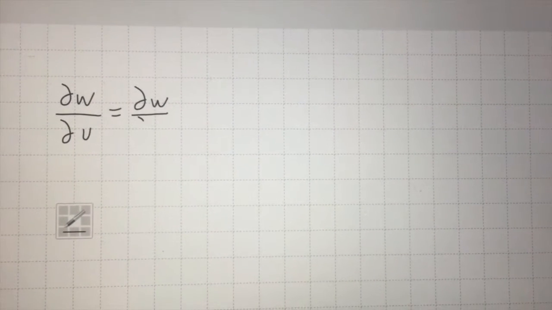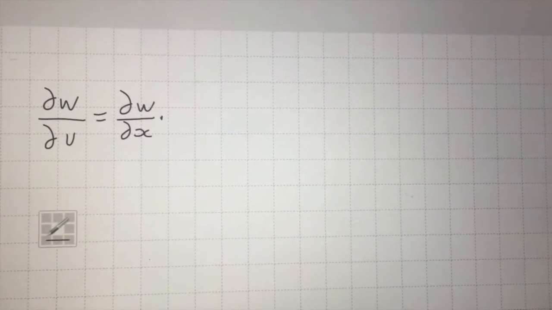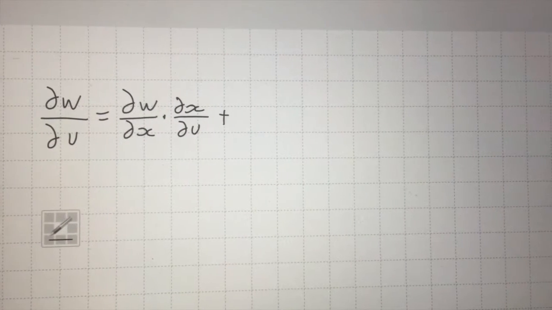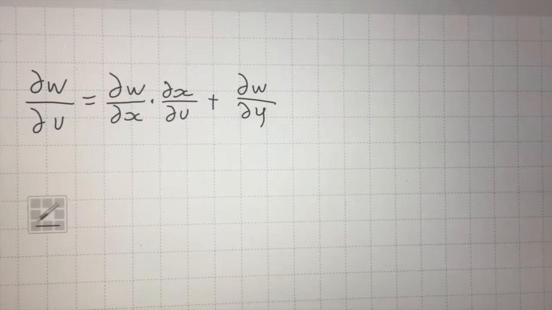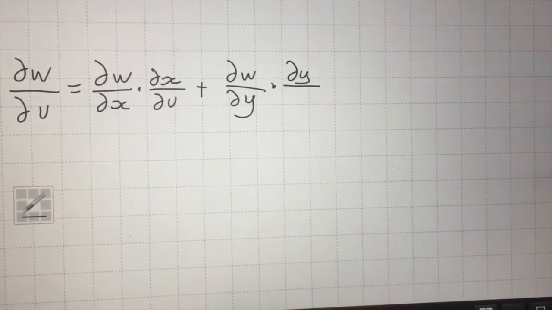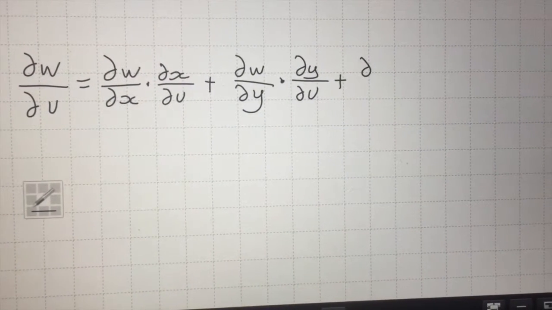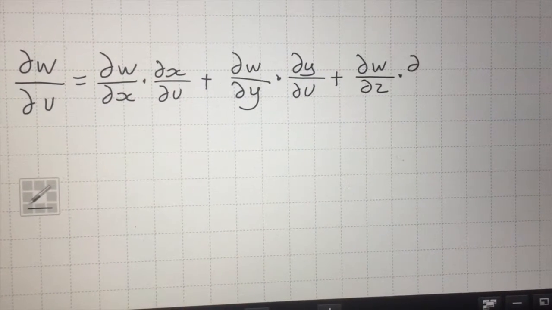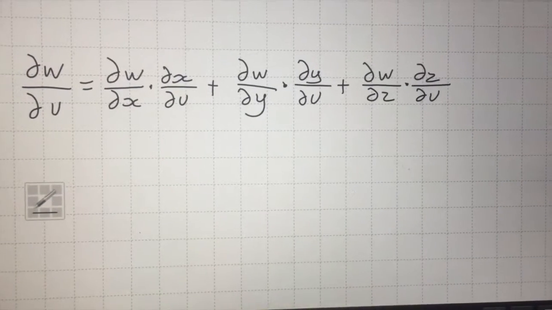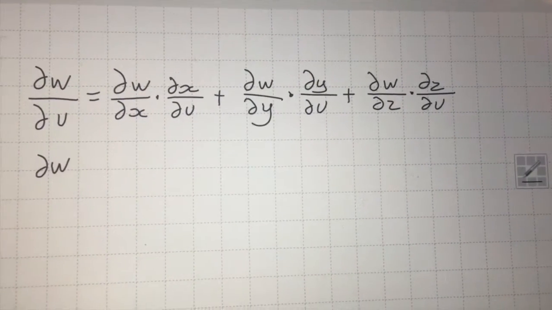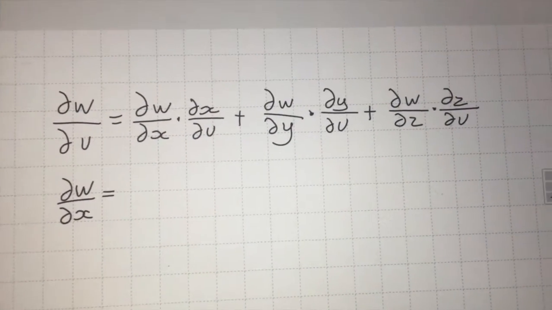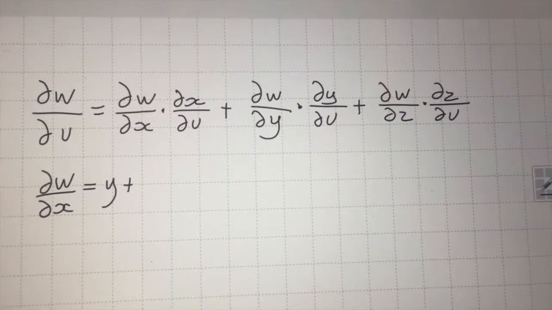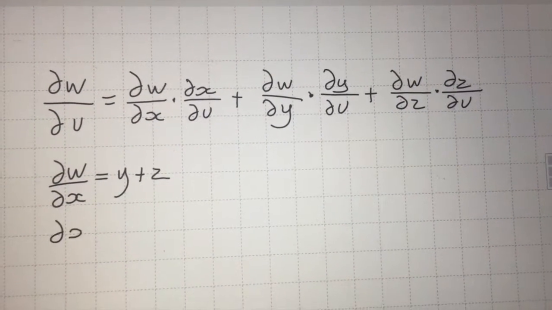The chain rule for a function of two independent variables with three intermediate variables is this one. Now, let's calculate all of these elements. Partial derivative of w over partial derivative of x equals y plus z.